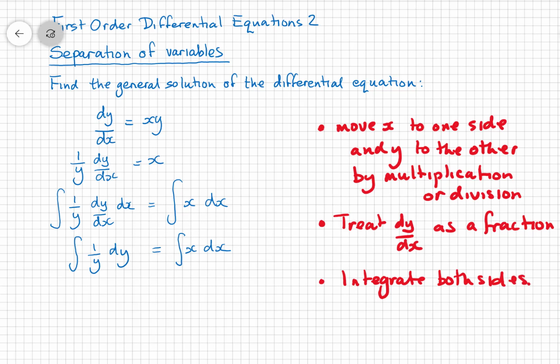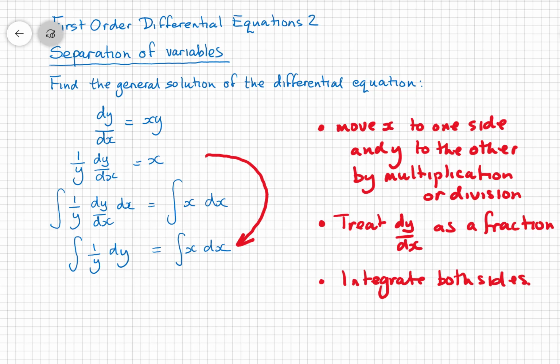And that's really what we've done from this step to this step here. We wouldn't normally in your working expect to see the intermediate step, but we've moved the y from the right to the left, so we get the 1 over y. We've kept the x where it is, and then the dx on the left, the bottom of the fraction, moves over to the x that's on the right, and then we integrate both sides.